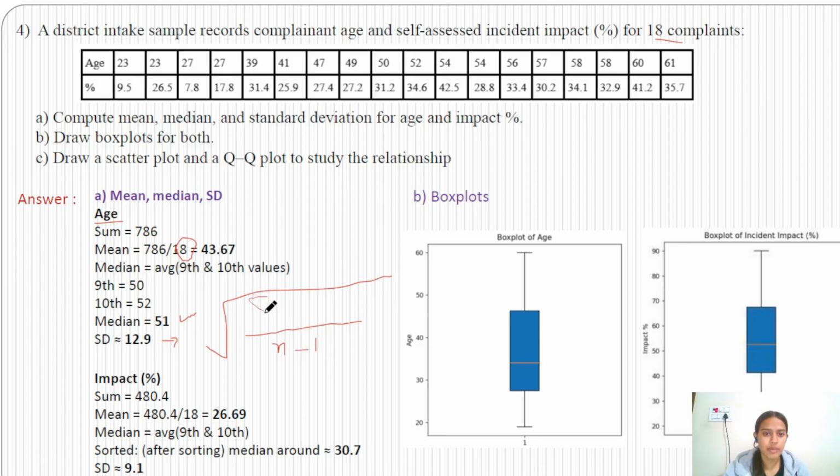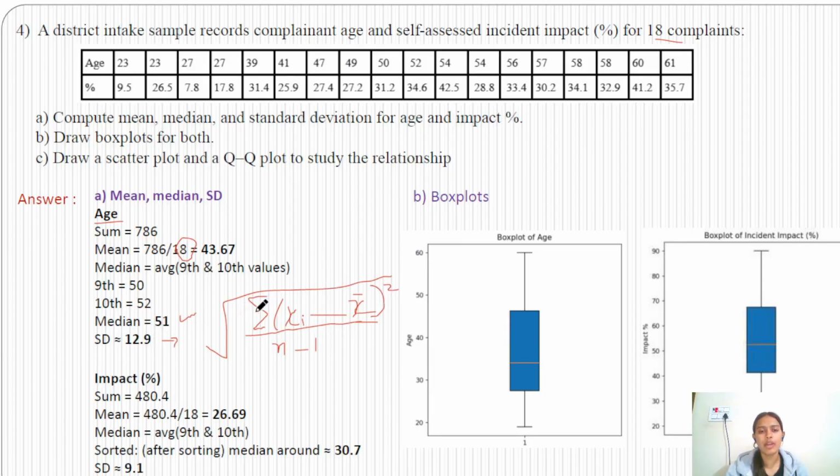We have to do summation of xi minus the mean value and just square it. So this is the standard deviation formula.